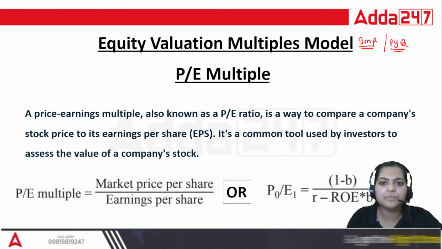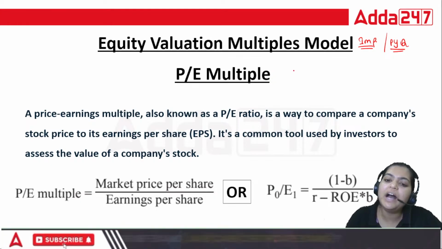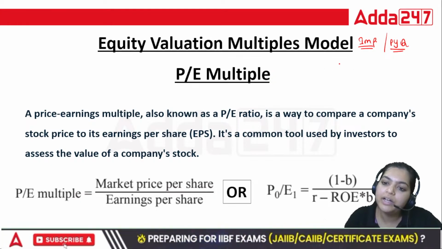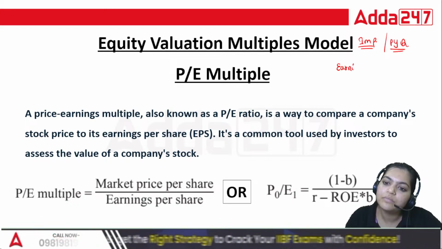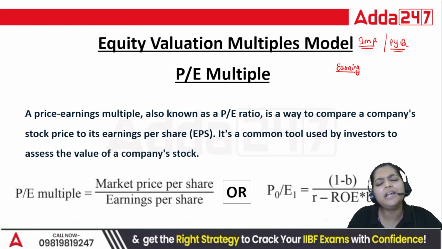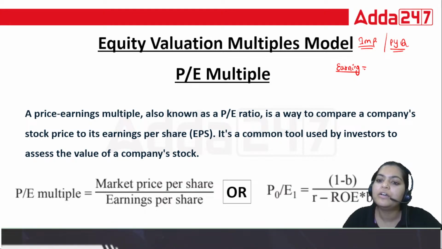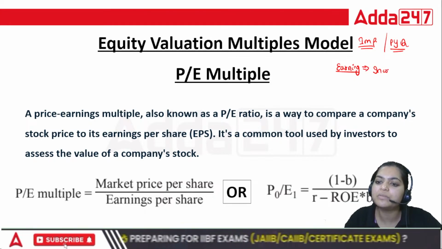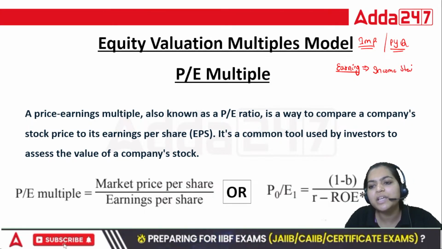In simple terms, what we are doing here is calculating the earning of the company. And how to calculate the earning of the company? With the help of the income statement. But what is the income statement?